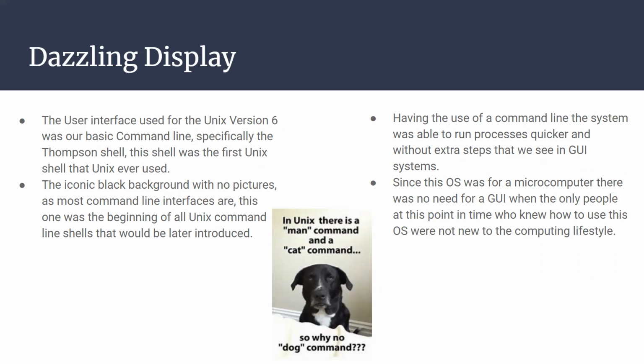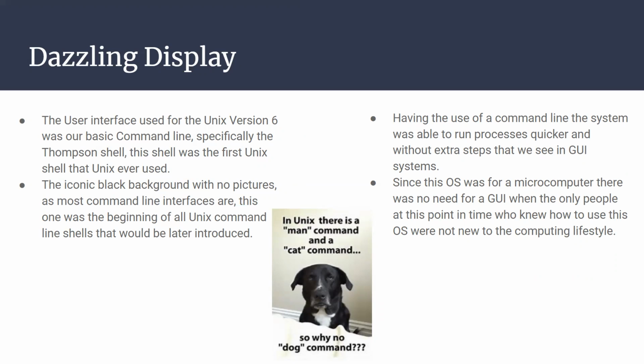And having a command line in this system was used to run processes quicker. Since it's a command line, you didn't have to go through any GUI steps. So there's no clicking, no nothing. It was all your basic, probably what you would use in Linux administration classes. But since this OS was for a minicomputer, there was no need for a GUI.